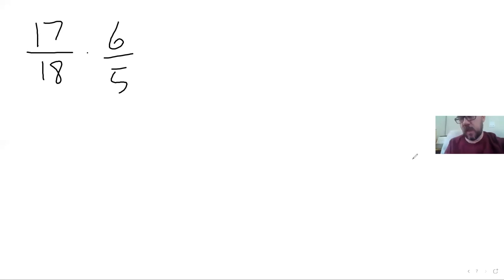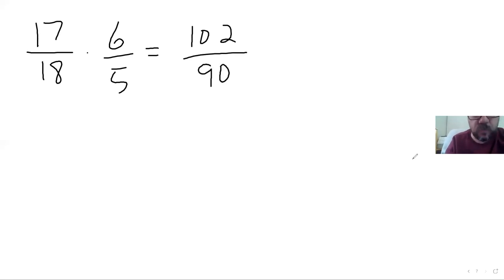So actually, let me do it the long way once. If I multiply just straight across, 6 times 17 is 102, and 18 times 5 is 90. And that is right, but not as nice as it could be, because what we're going to want to do then is reduce that fraction, right?